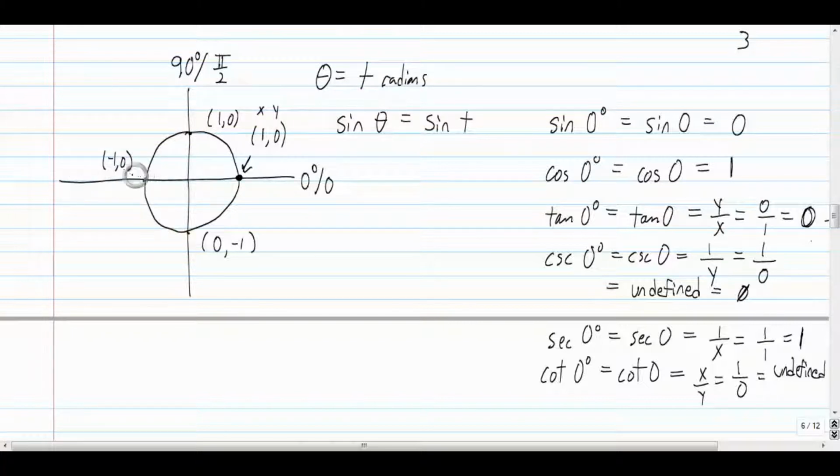This angle measure here, 180 degrees, or pi. This angle measure down here, 270 degrees, or 3 pi over 2. So we can do the same thing for the other three quadrantal angles and find all the values.